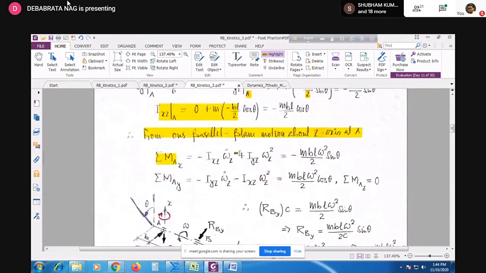If you have plane motion about the z axis, then this will be your moment equation: summation Mx is equal to minus Ixz omega dot z plus Iyz omega z squared. Now, in our case the body is rotating with a constant angular velocity, so I don't require this term, it is 0. So summation Mx is simply equal to Iyz omega z squared.